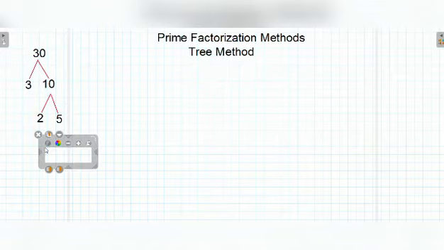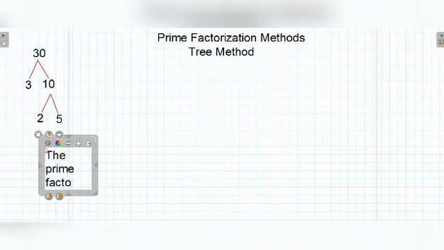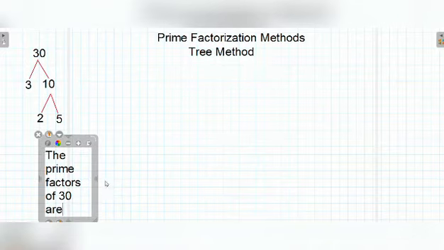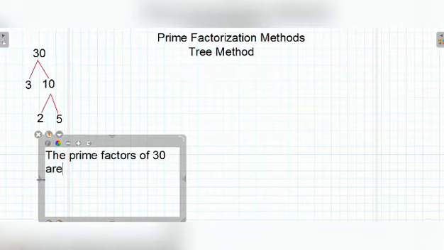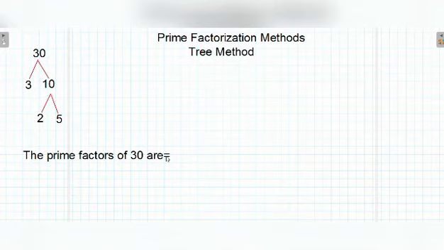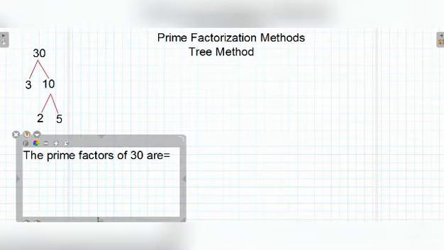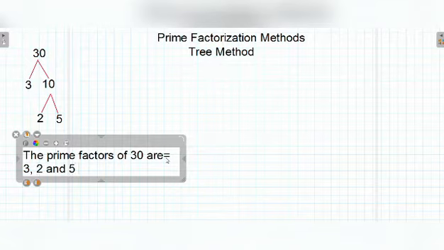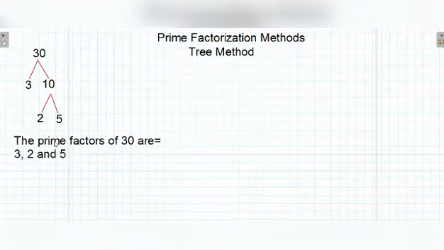So I will write here the prime factors of 30 are 3, 2 and 5.